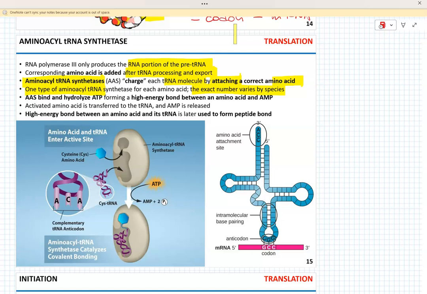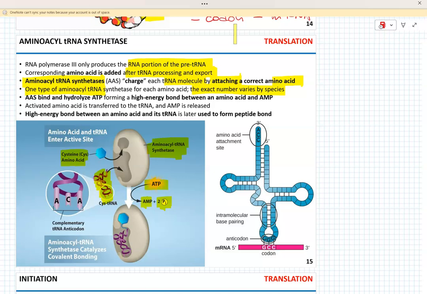Here's what happens. Aminoacyl tRNA synthetase binds ATP and hydrolyzes it to adenosine monophosphate and 2 phosphate residues. Simultaneously, it binds an amino acid and the corresponding tRNA.